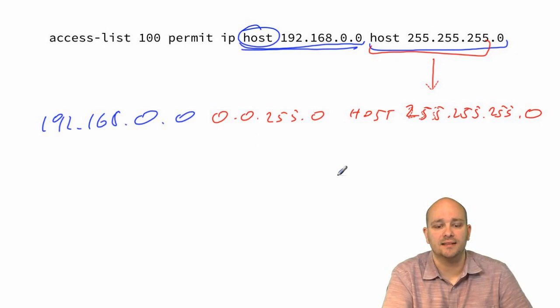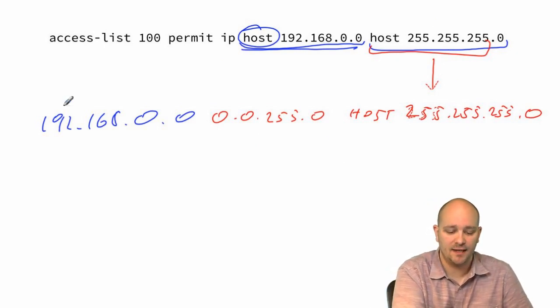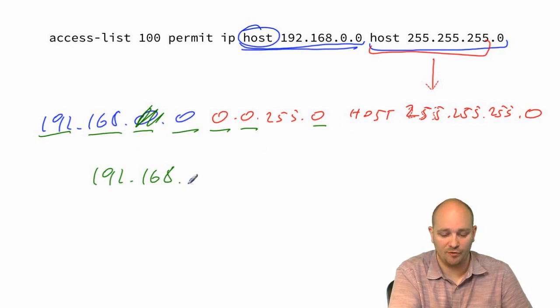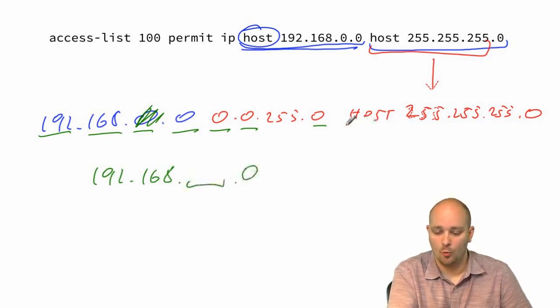So what do you think this does? Well, basically what it does, it says this octet here needs to match exactly, this here needs to match exactly, this one here, well, we basically don't care what's in this octet, and this one here needs to match exactly. Now, that means that we have 192.168 whatever 0 with the mask of /24.